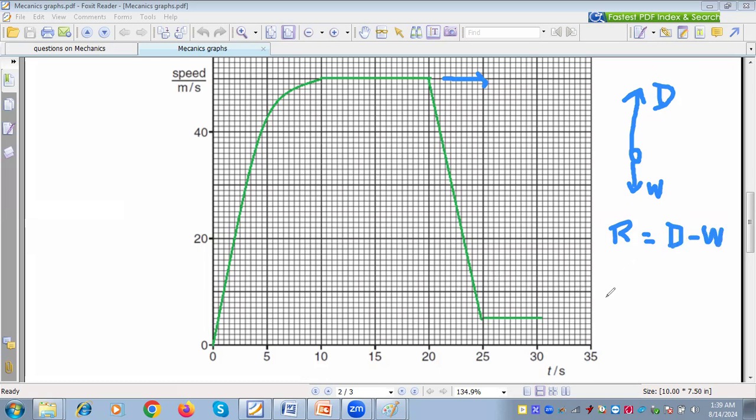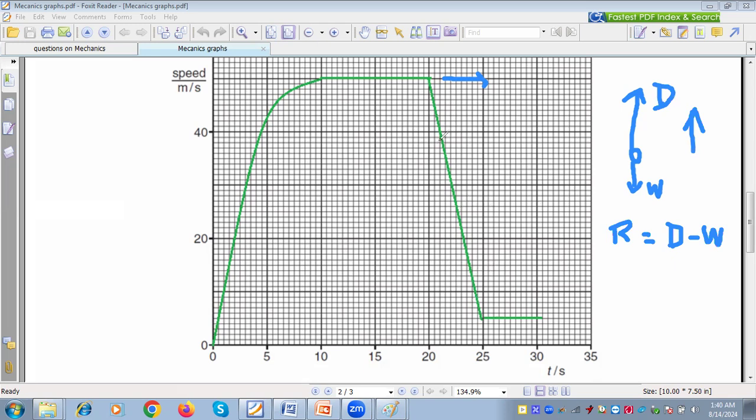Or this is upward acceleration, because the acceleration is always in the direction of the resultant force. So the resultant force is upwards, because the drag, the air resistance, is greater than the weight. So D minus W. So the parachutist decelerates.